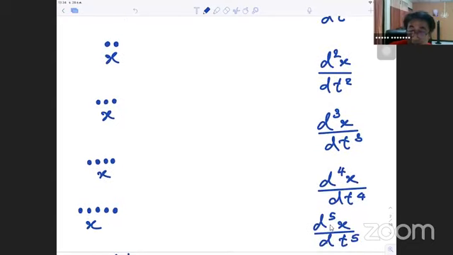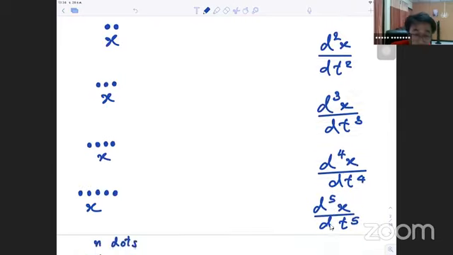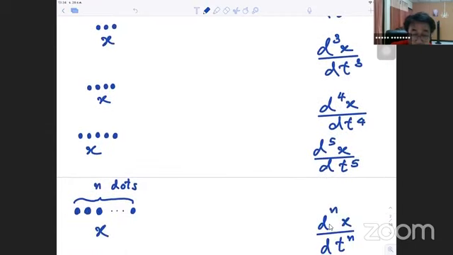But in Leibniz notation, we change only the number. And for the n-th derivative, Newton notation needs n dots, which is difficult to use, but Leibniz used this notation and writes this n.